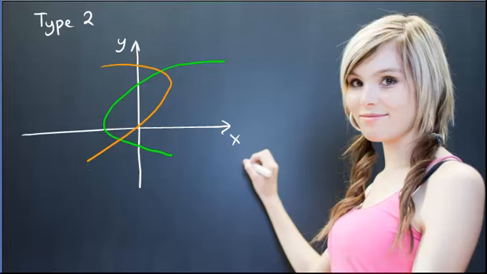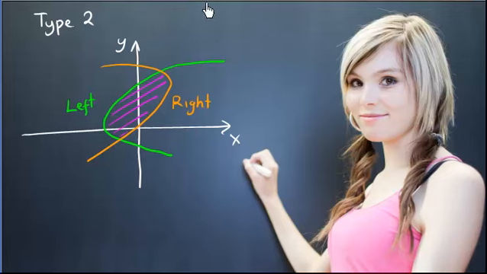On this type 2 situation, the area that we are interested in is always bounded to the right by a certain curve and to the left by another curve. So this is right and then left.